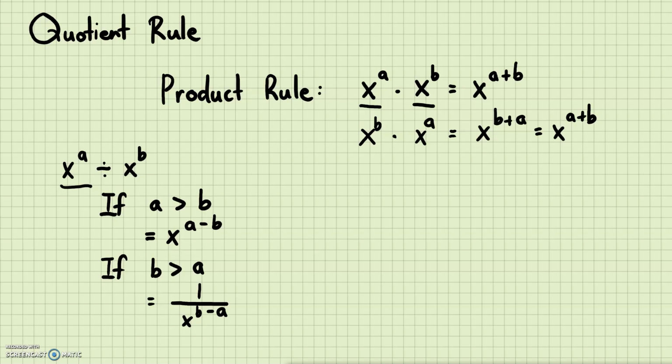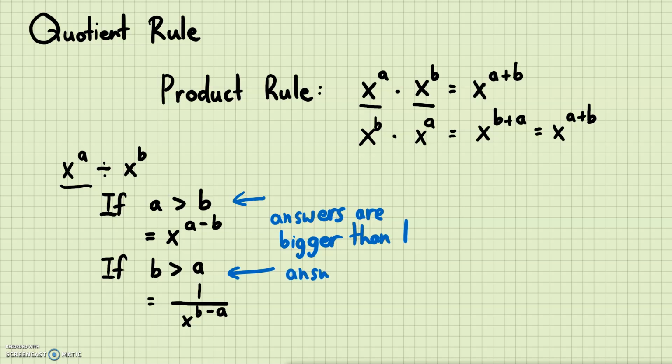Now in general, if a is bigger, in this case, the answers are going to be bigger than 1. And if a is smaller, answers are going to be less than 1.